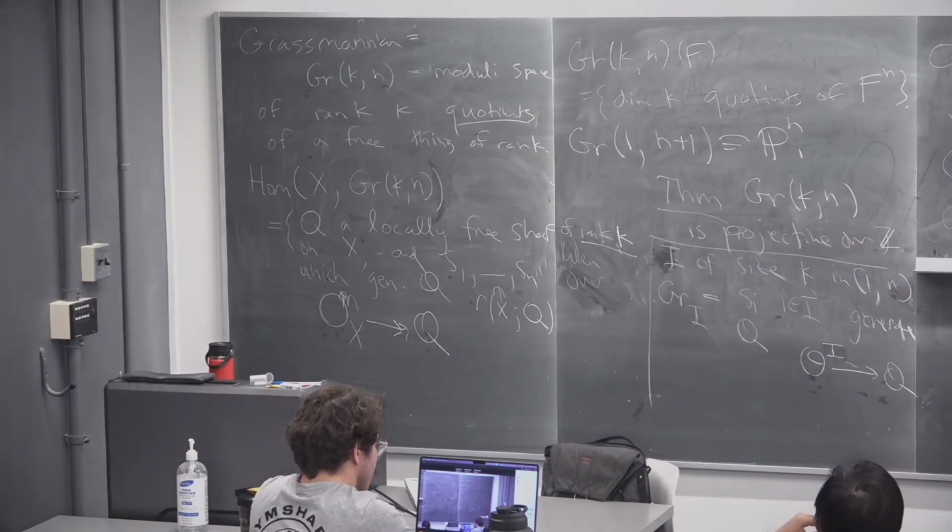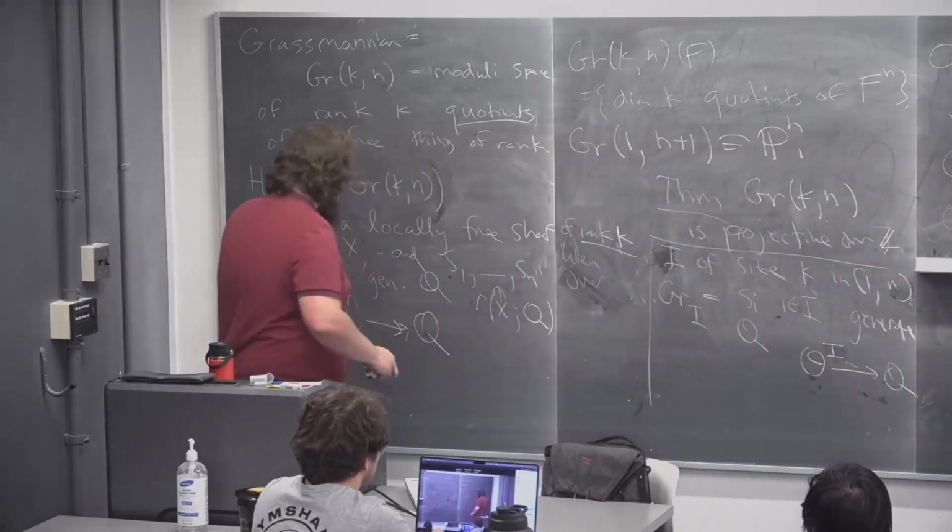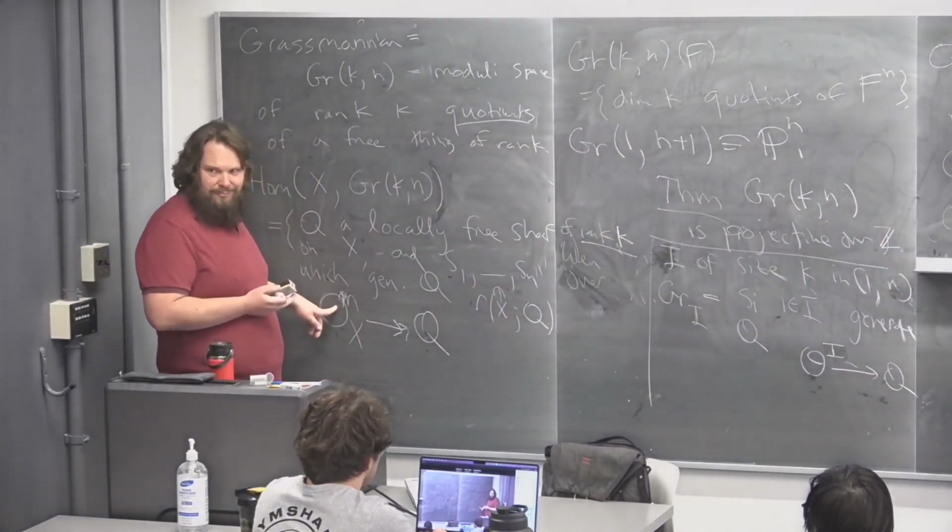Now the quotient has dimension k, the sub has dimension n minus k. It doesn't matter; this is backwards from the usual convention, but the Grassmannian of k-planes is isomorphic to the Grassmannian of n minus k-planes, right? The trivial bundle is self-dual.